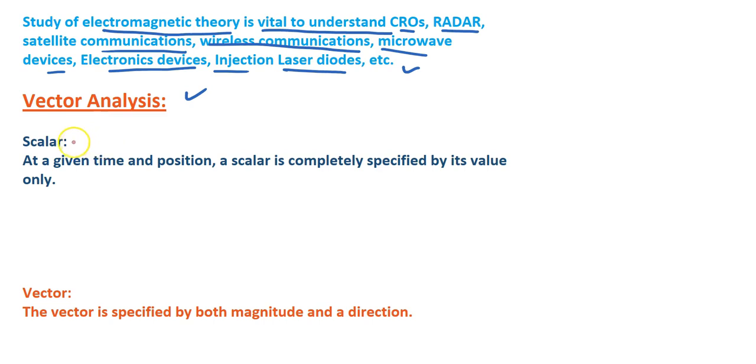We are considering vectors, so scalar comes into the picture. What is a scalar? At a given time and position, a scalar is completely specified by its value only.